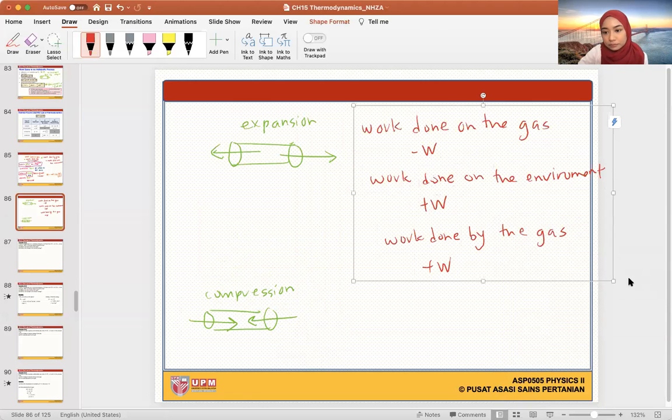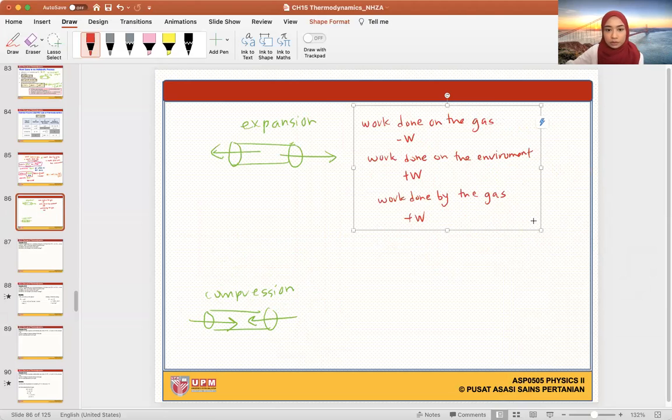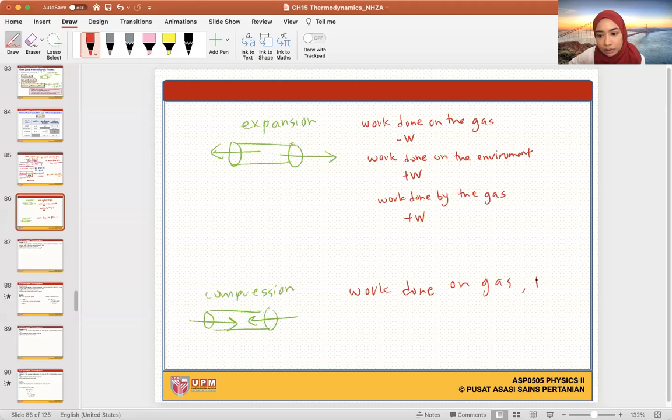So it's the same at compression, start with what we know. We learned about work done on gas. So for compression, we know that work done should be positive. Let's start with something that we are familiar with. Work done on gas. This is a negative change in volume. This is positive change in volume.